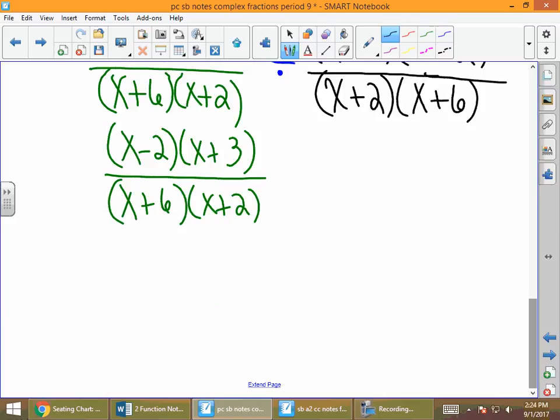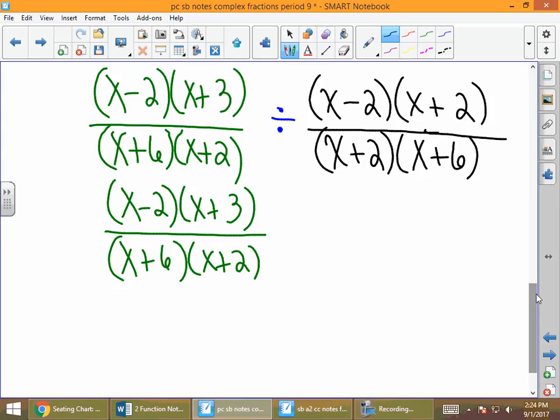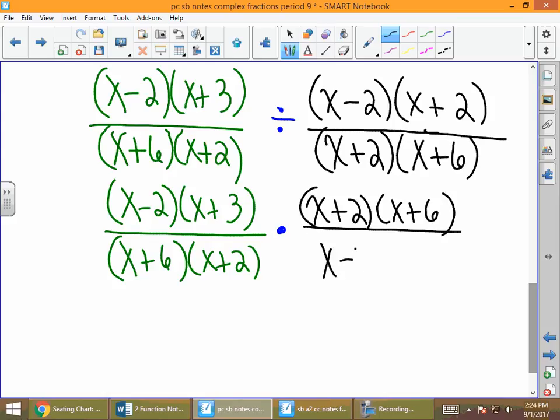And then the blue, or black, sorry, we're going to multiply, because we're flipping it. We've got x plus 2 times x plus 6, and then we have x minus 2 and x plus 2.